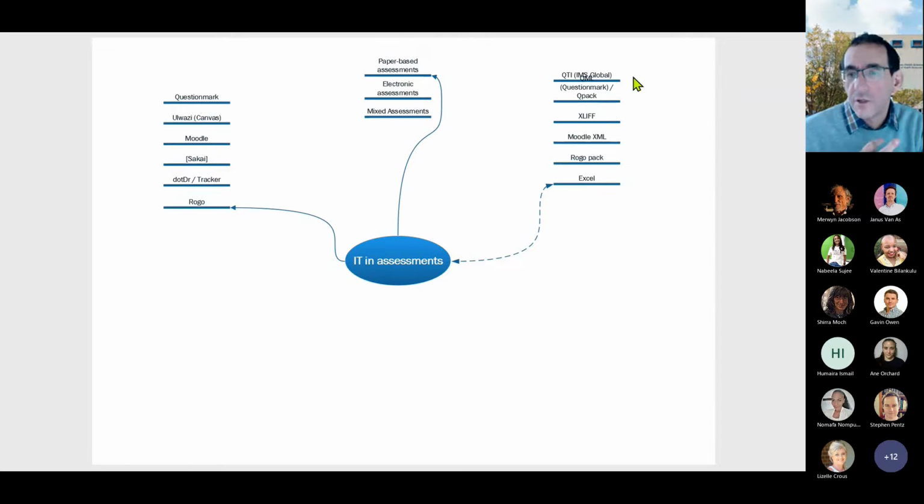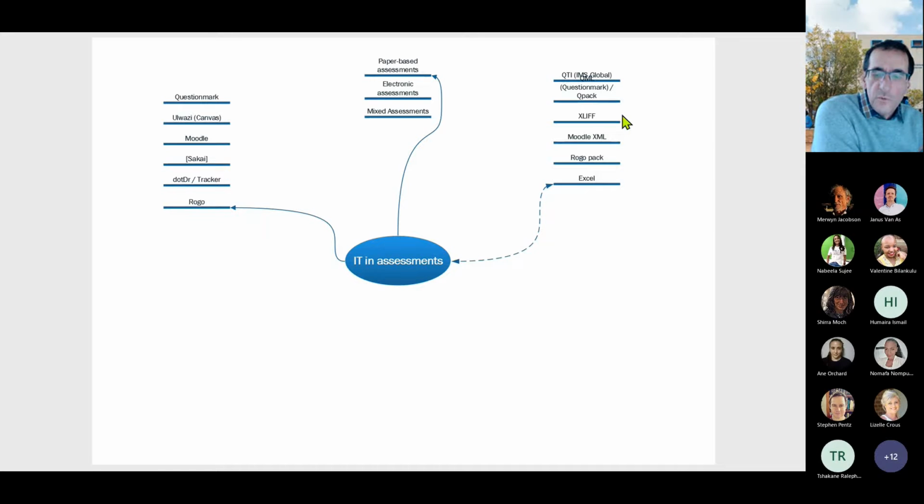And that's why, and I'll show you later, I'm a firm believer in the format of comma-separated values and Excel, which leads you to a standard format. The one of interest, which we were discussing earlier today, is a format called XLIFF, which is a format used for translating questions, so that you could possibly deliver questions in people's mother tongues, and students can actually decide at the point of examinations which language they're going to use for the assessments.